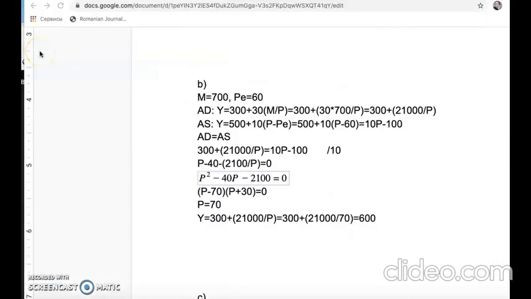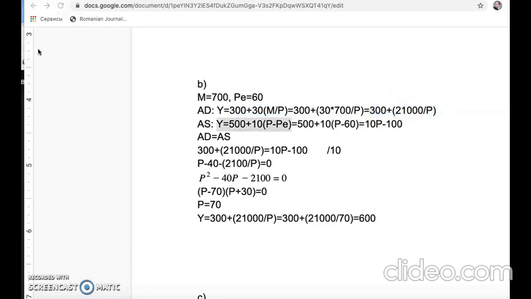With an unanticipated increase in money supply to 700, the expected price level is unchanged at 60. The aggregate demand curve will be like this. Plugging in the values of M and expected price gives us a simplified equation.